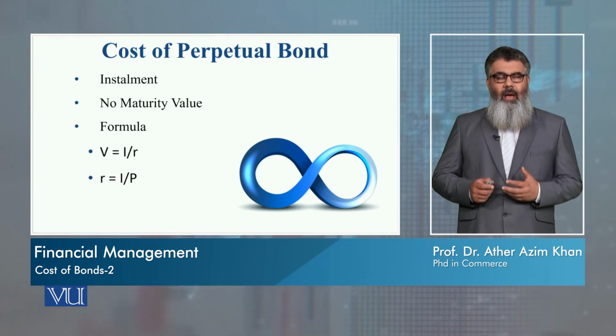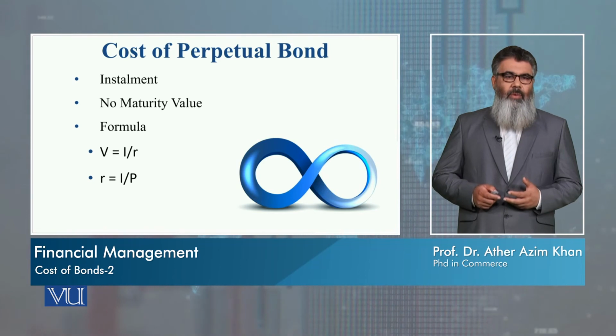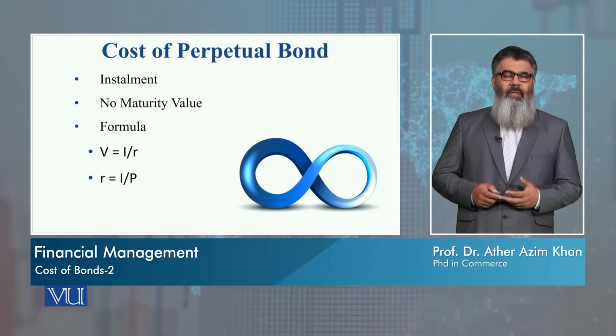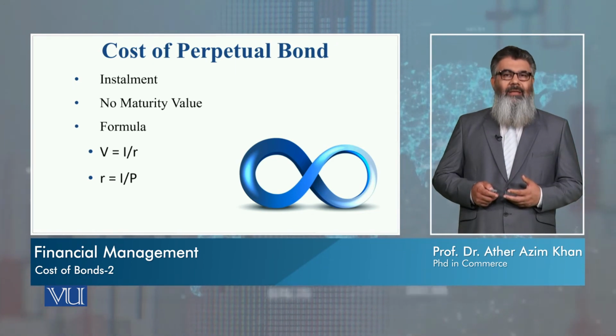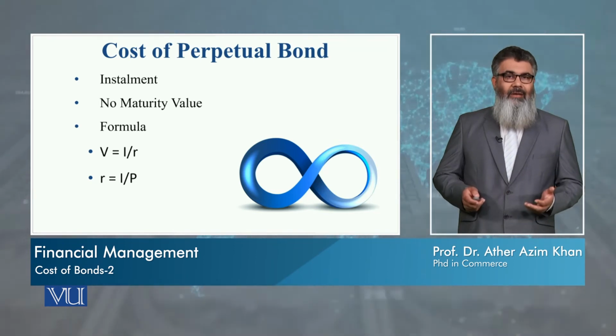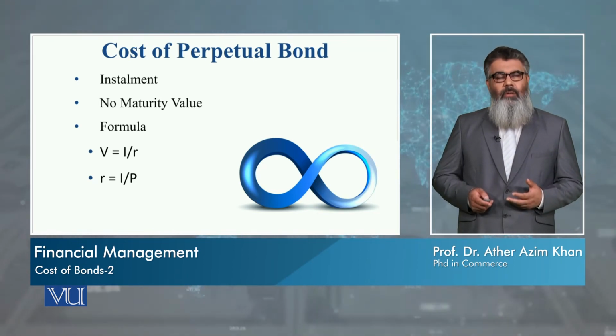And here R, or the cost of perpetual bond, is equal to the amount of per year interest divided by the current price which is prevailing in the market. So in this way we'll get the cost of this perpetual bond.